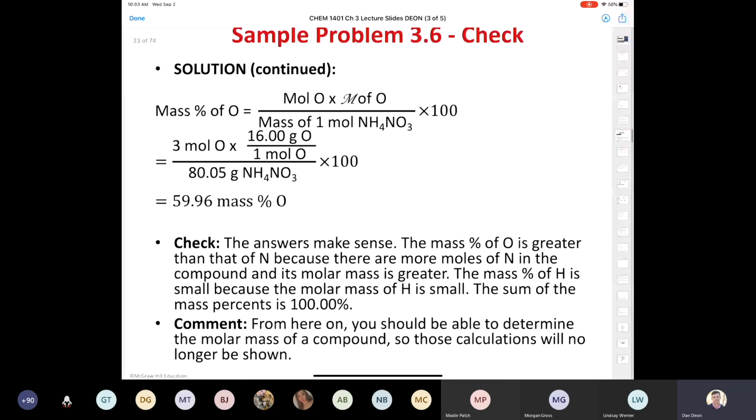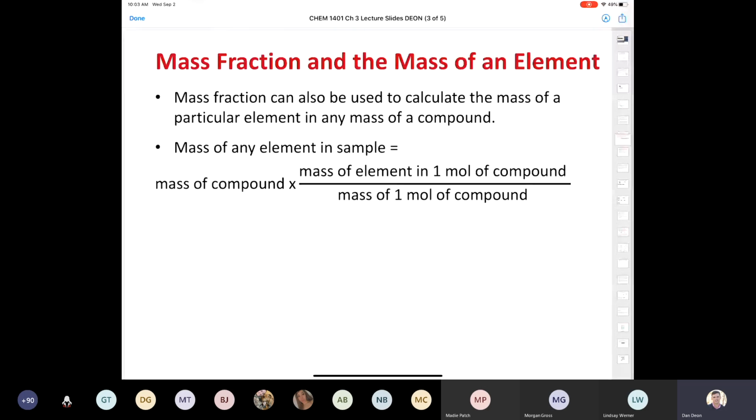Let's talk about mass fraction. Mass fraction is pretty analogous to mass percent, except instead of using mass, we use moles. Mass fraction can also be used to calculate the mass of a particular element in any compound.